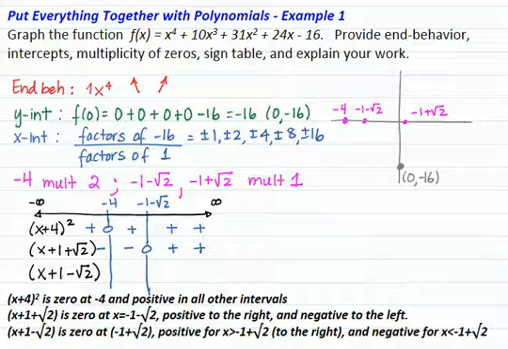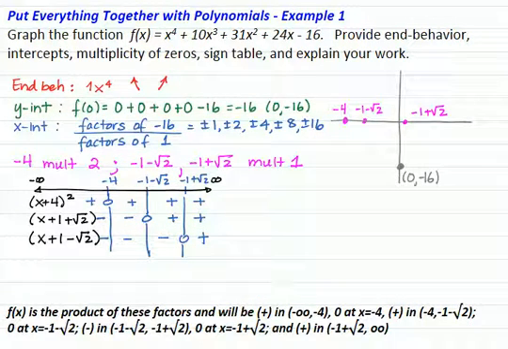And x plus 1 minus square root of 2 is 0 at negative 1 plus the square root of 2. It is positive when x is greater than, and that's to the right, and negative when x is less than, which is to the left of its zero. f of x is the product of these factors.